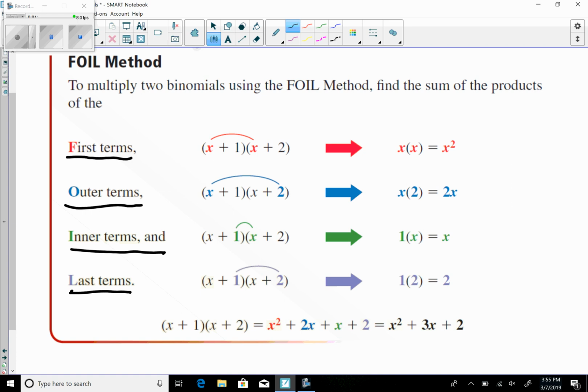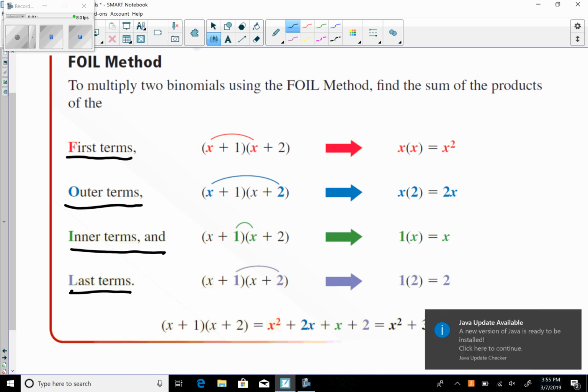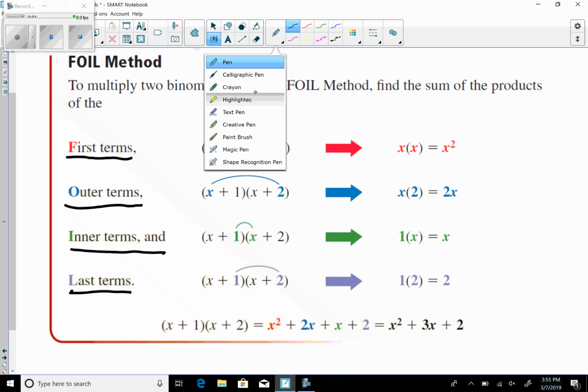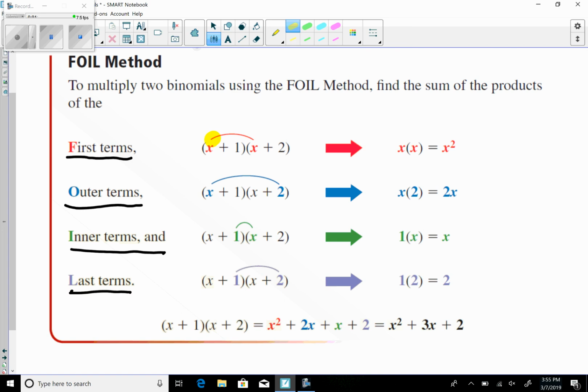You're going to be given a couple of binomials. You may even be given a binomial and a trinomial, but the FOIL method basically just works for two binomials.